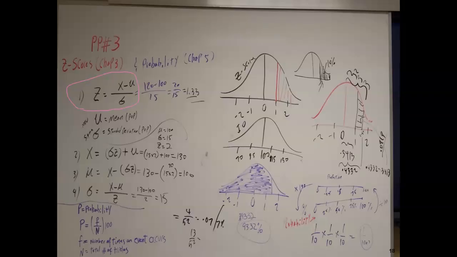But proportion is from 0 to 1. So 50% probability equals 0.5 proportion. The reason you need to know that is because once we go over probability and you look at the critical values at the back of your book, those numbers are given in proportion. Sometimes you need to convert those values to probability.